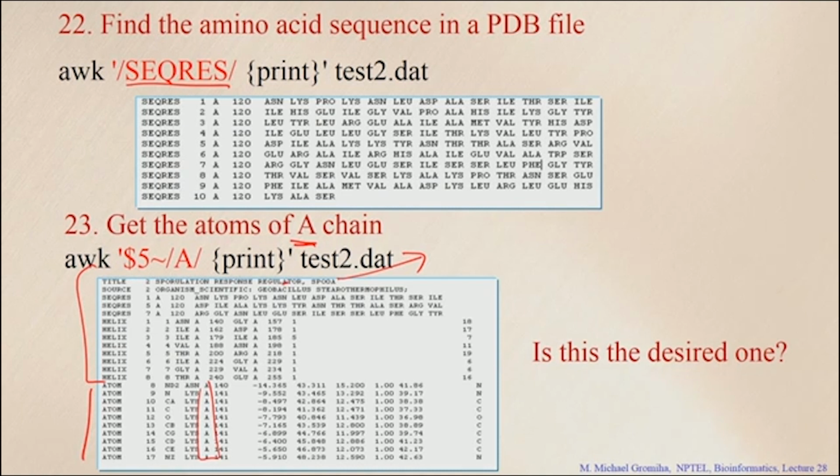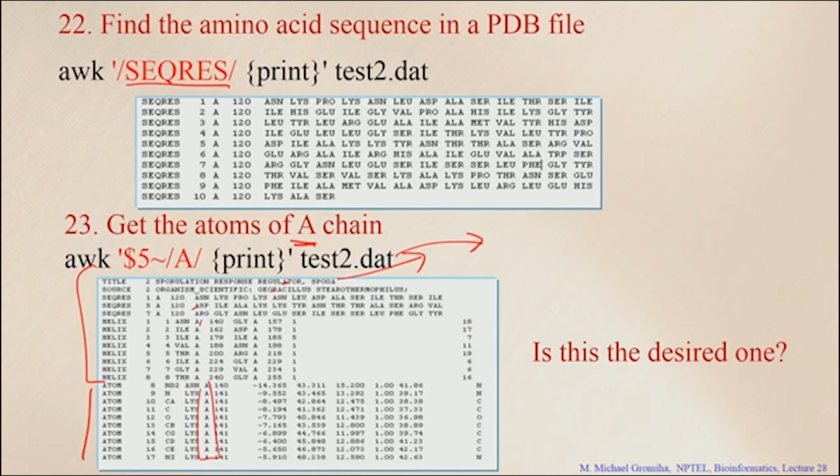Likewise here, 1, 2, 3, 4, 5 is A. So if you give this command, what will it do? It searches field number 5 for whether it contains A. If it contains A, it will print, right.